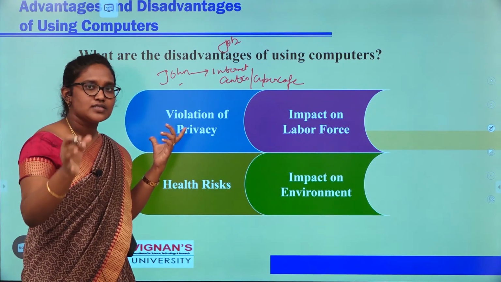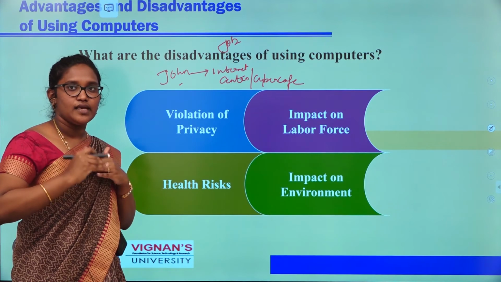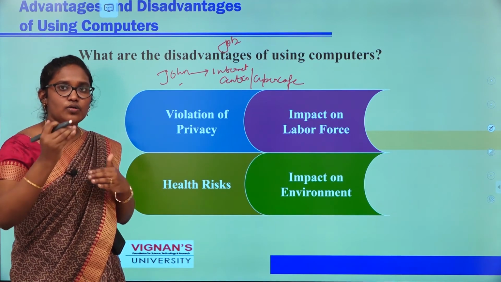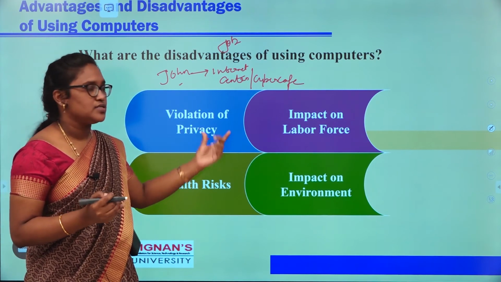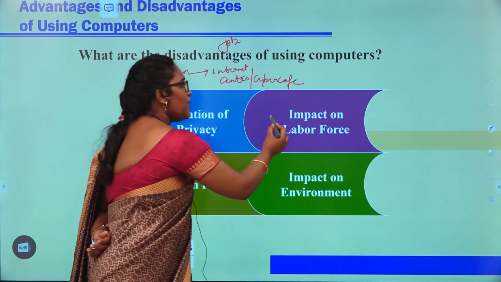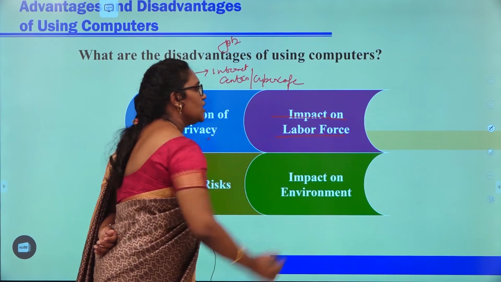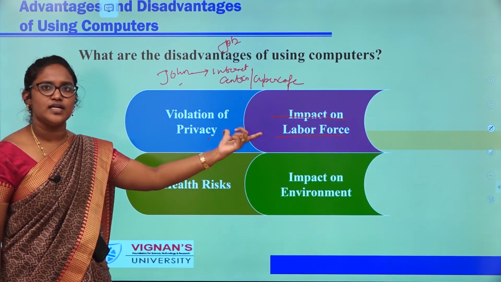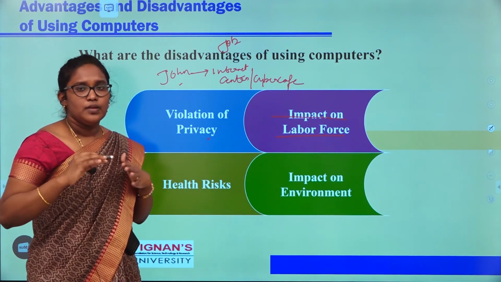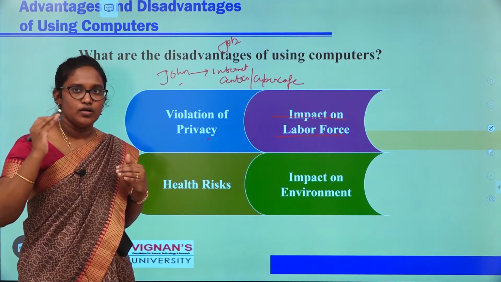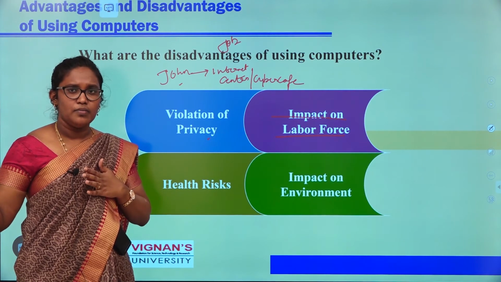Taking others' content, I repeat, taking others' content without their consent is called a violation of privacy. Next one is impact on labor force. Labor force is nothing but, if we want to work with multiple computers, one work is shared between multiple people.